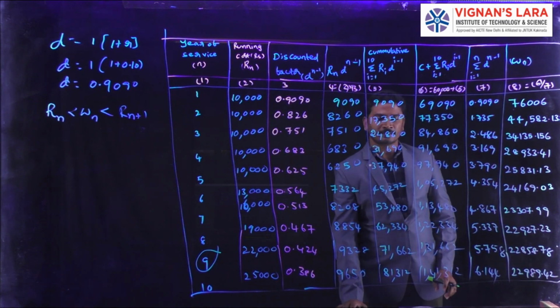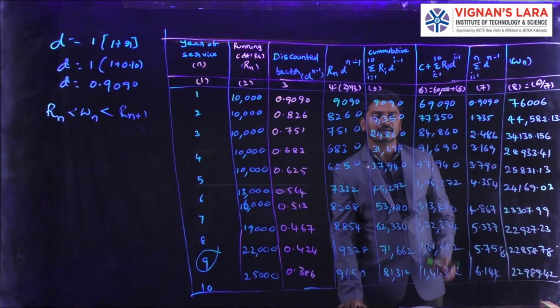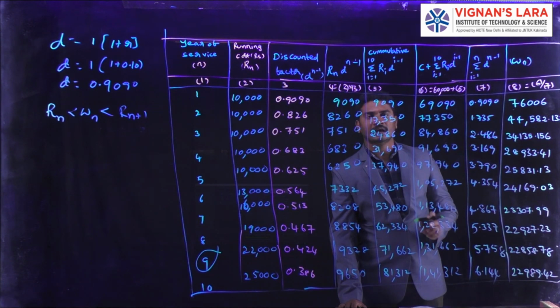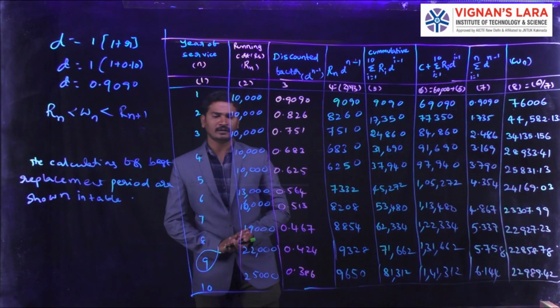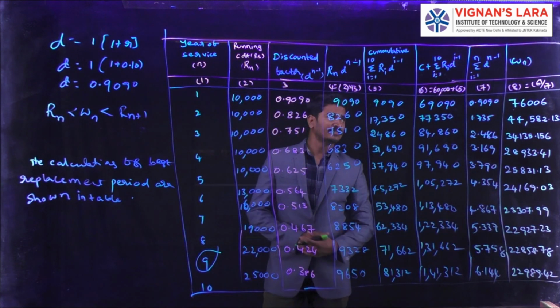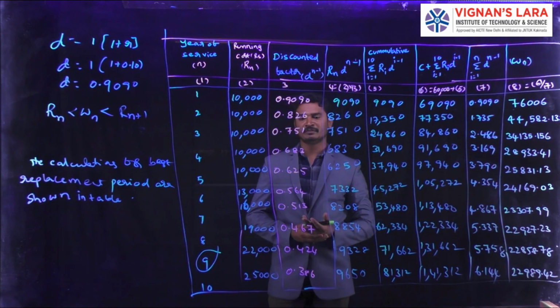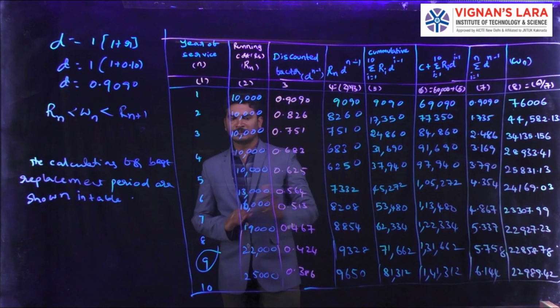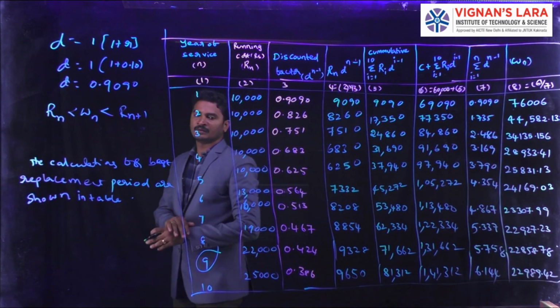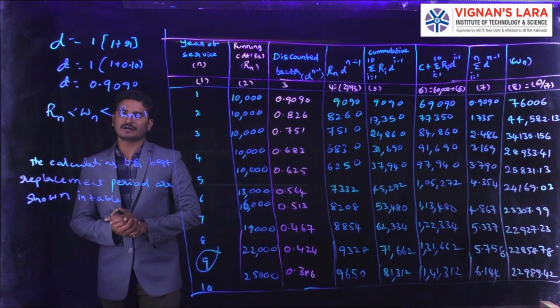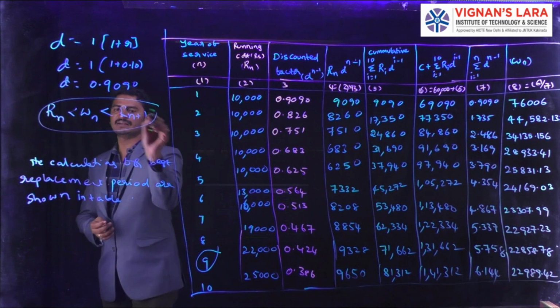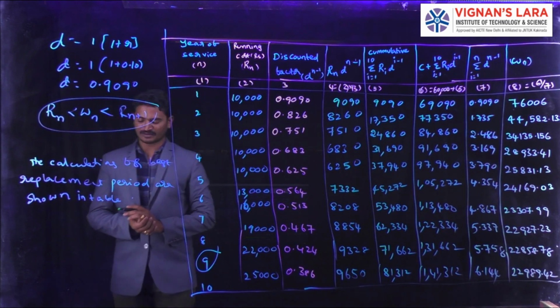Okay, so from this we are going to write the condition. I am going to write that condition here. From the table we obtained, the 9th year is the minimum cost, that is WN is minimum. So we are going to replace the machine at the 9th year. Okay, here we have to check the optimum condition, that is Rn is less than WN or less than Rn plus 1.